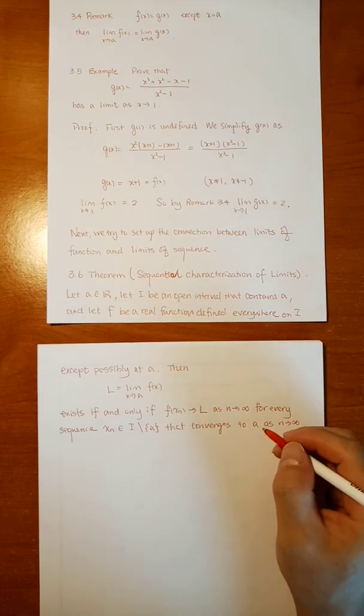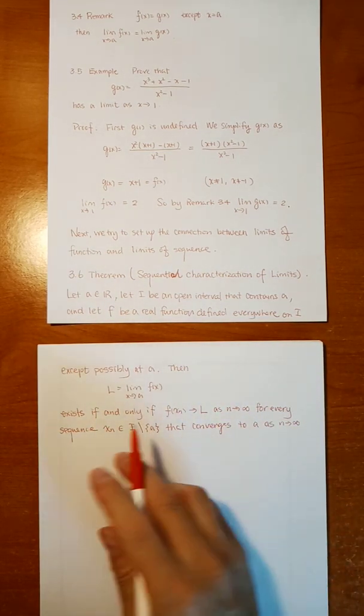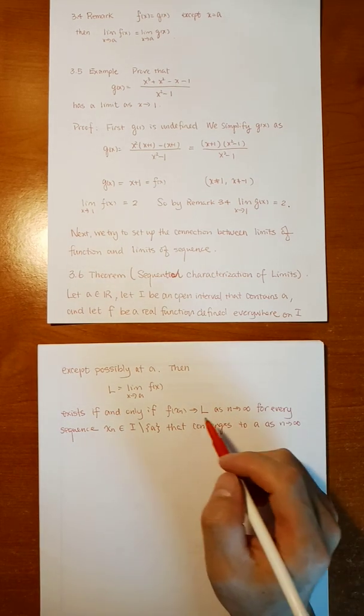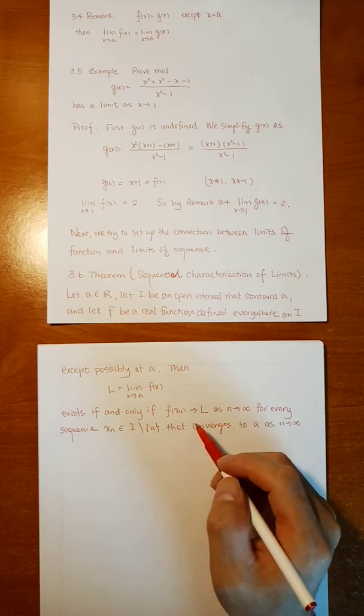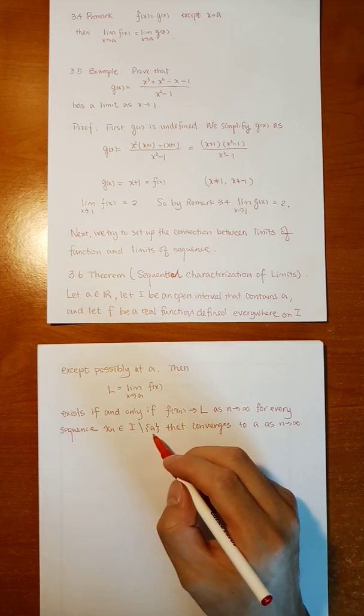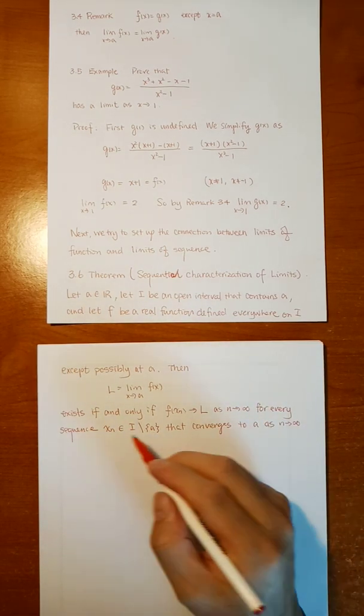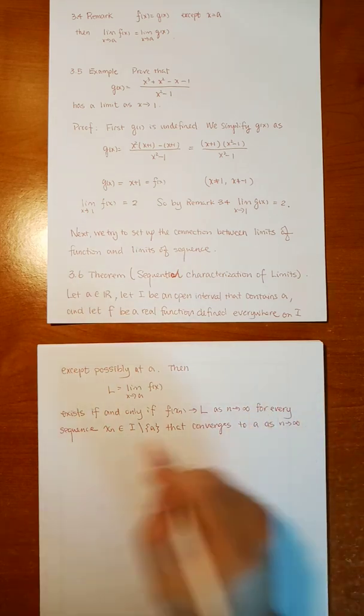So what does this mean? It looks very complex. Actually, you consider x_n as a sample point. Sample points converging to a. You have a sequence of sample points converging to a.